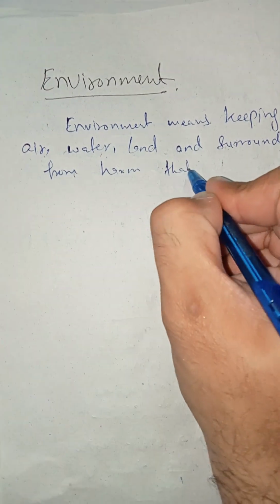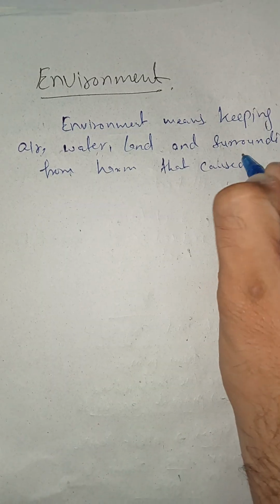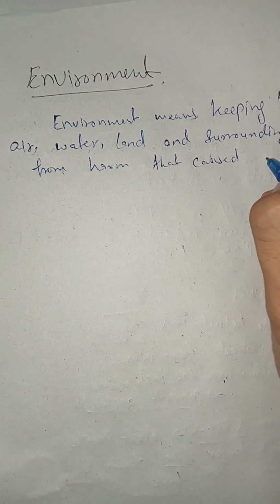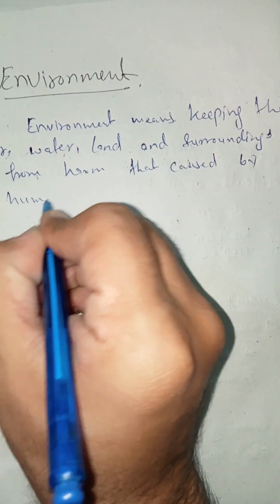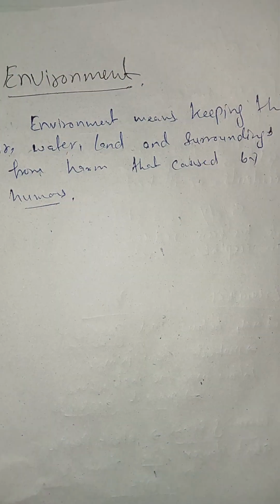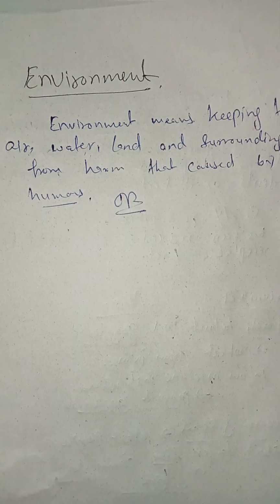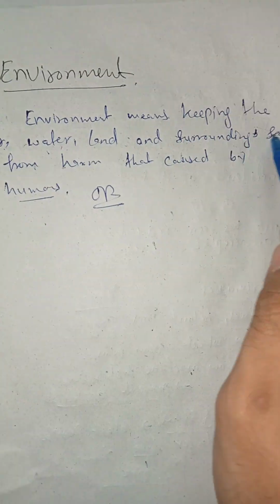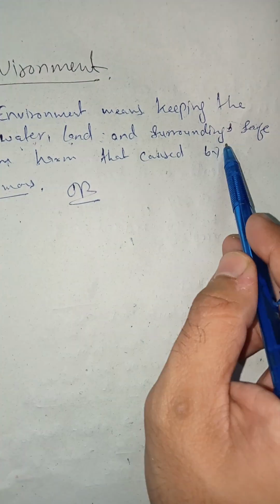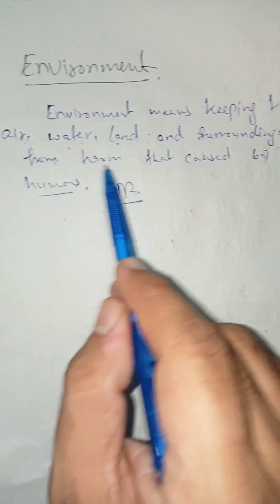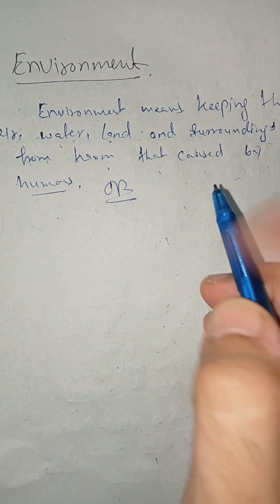that is caused by humans. Or also we can say simply that environment means keeping the air, water, land, and surroundings safe from harm caused by humans.